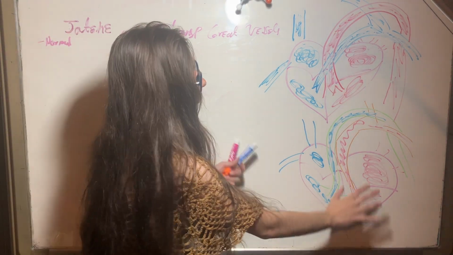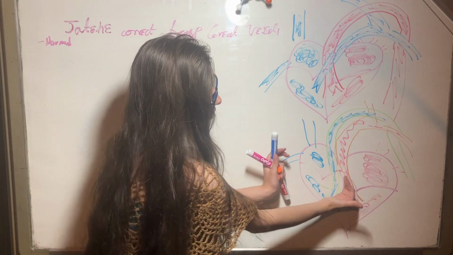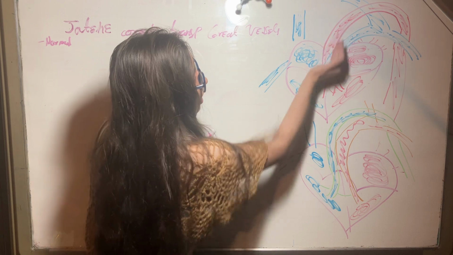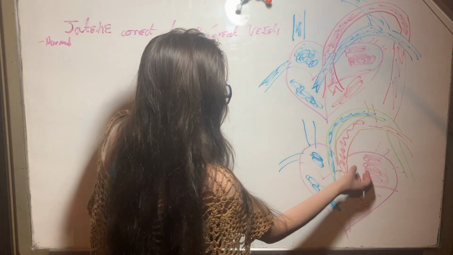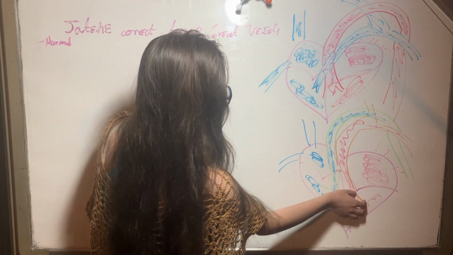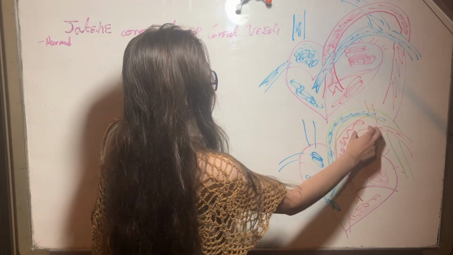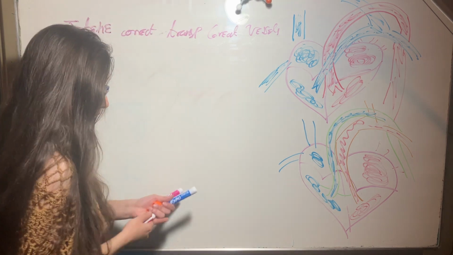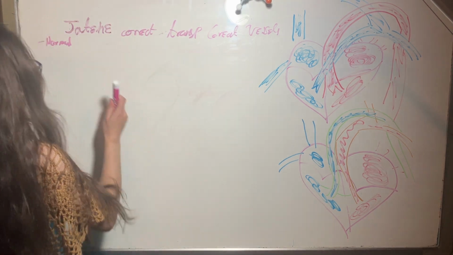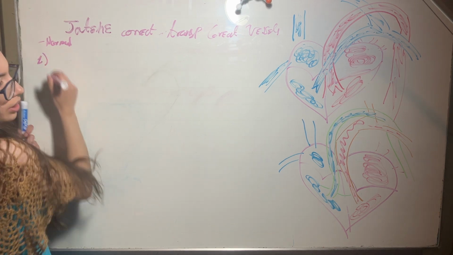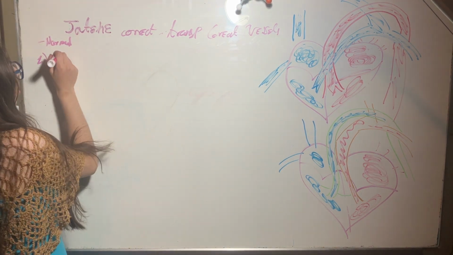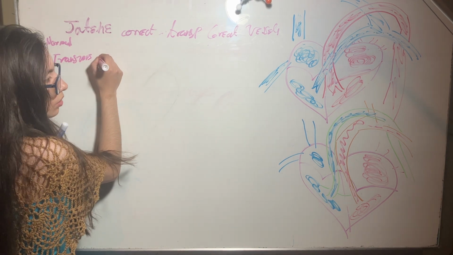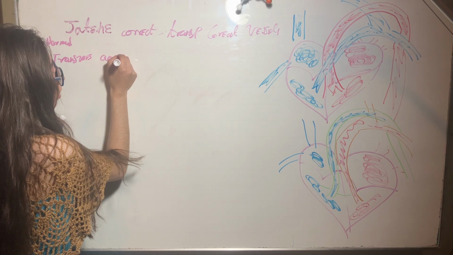So now that we have reviewed how one circuit is separated from the other, what we want to fix is the defect, which is that the aorta comes from the right ventricle and the pulmonary artery comes from the left ventricle. So to do this, the first step is we are going to do a transverse incision of the aorta.